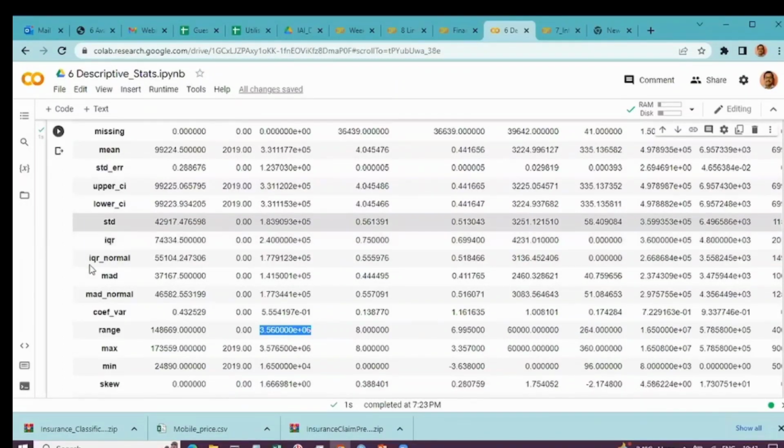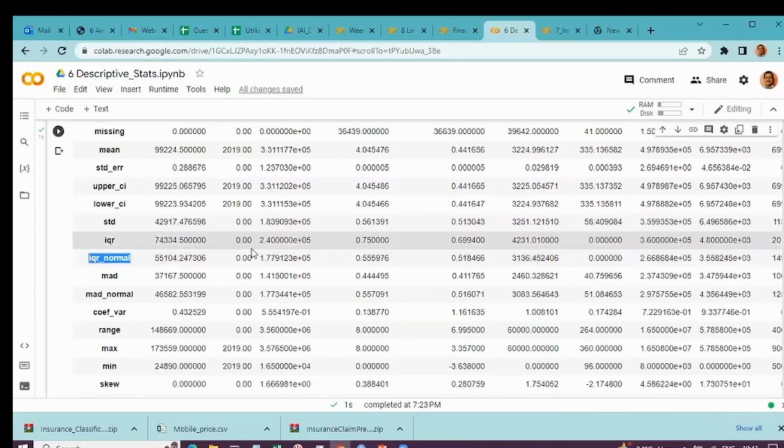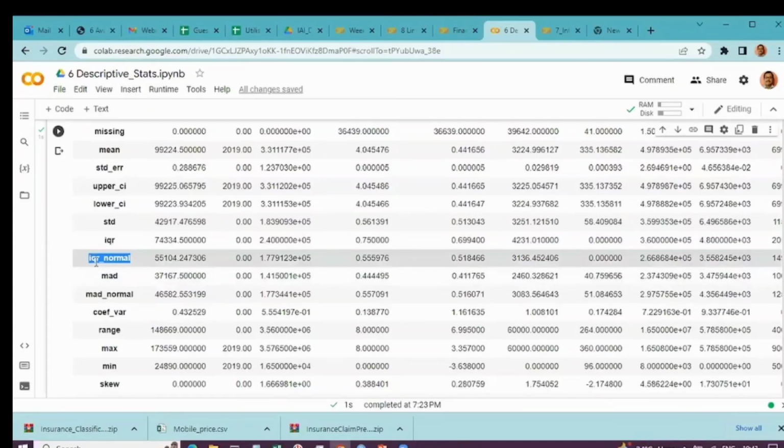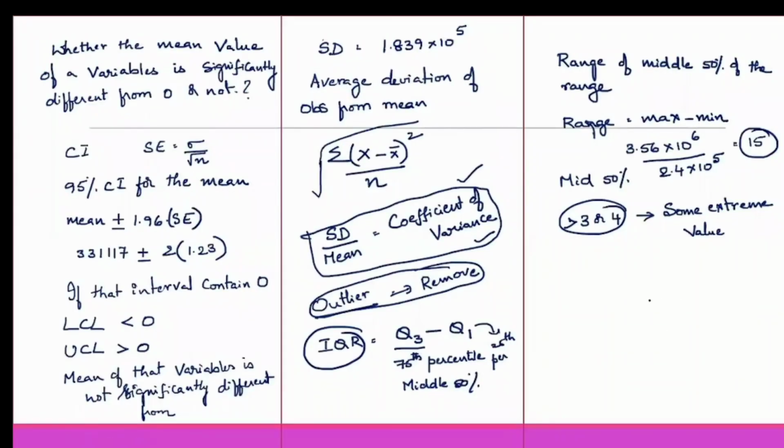Then the other thing that we may be looking at is whether the data follows a normal distribution. Here, in all these exercises, the normal distribution is a very essential element. In your modeling world, you might all be aware that it is a bell-shaped curve, right?